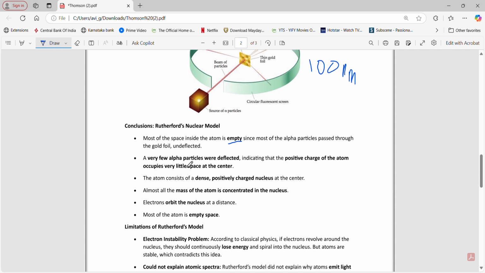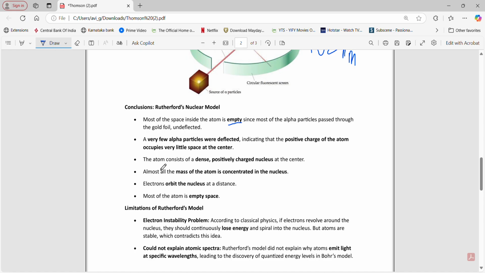Very few alpha particles were deflected, indicating the positive charge of the atom occupies very little space at its center. The atom consists of a dense, positively charged nucleus at the center. Almost all the mass of the atom is concentrated in the nucleus. Electrons orbit the nucleus at a distance. Most of the atom is empty space.